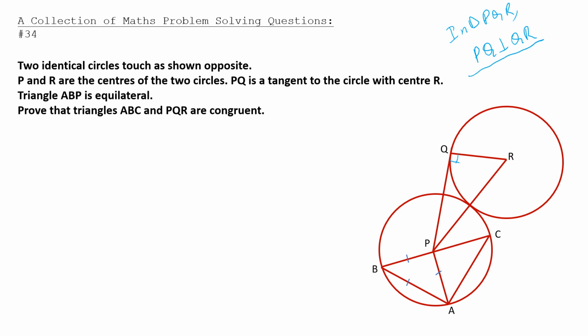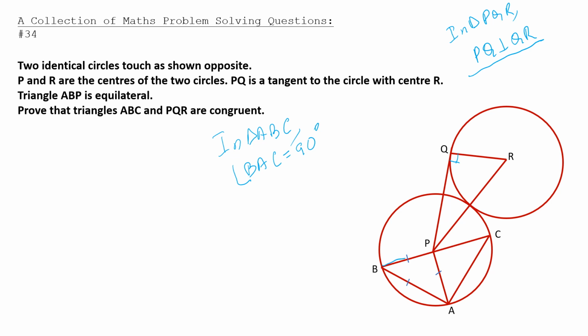And also for triangle ABC, we can say that angle BAC equals 90 degrees. The reason is the diameter of a circle.